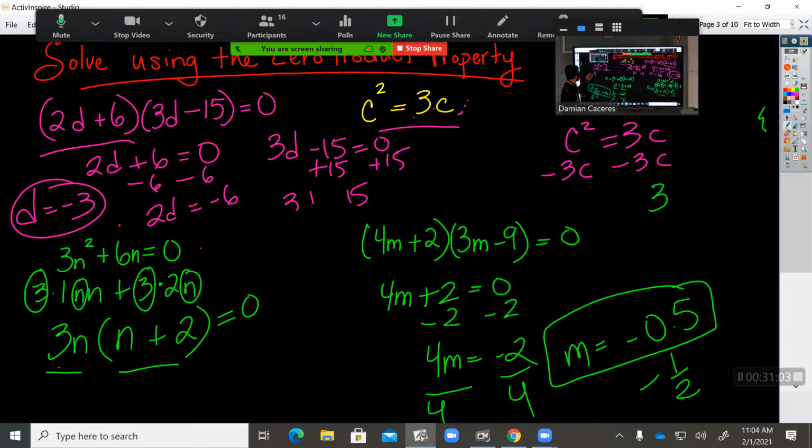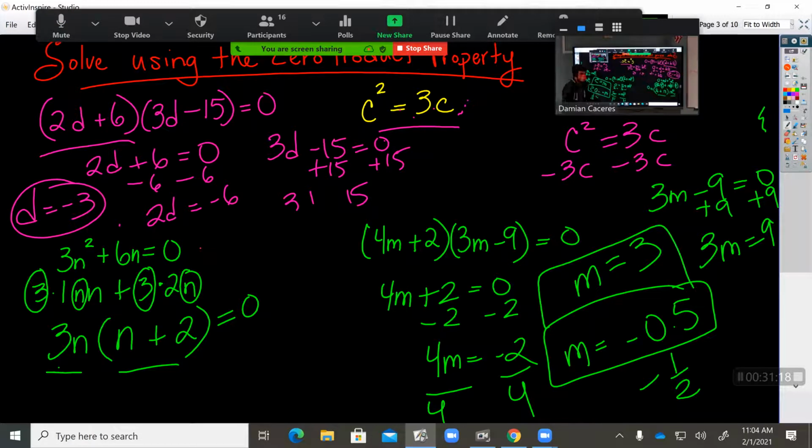Now we do the same thing to 3m minus 9 equals 0. You add 9 to both sides. 3m equals 9. Divide both sides by the coefficient, and you get m equals 3. Those are my two solutions. If it was a word problem, 3 would be the only real solution because time doesn't go in negative values. So far, so good?